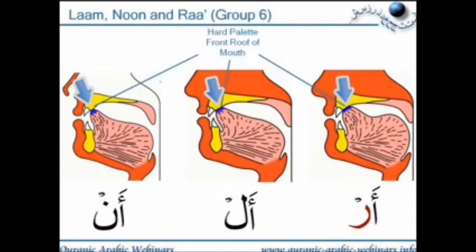Try not to roll the ra. If you happen to roll it once, that's normally fine. Be very careful not to get into the habit of rolling, and you should feel the tip of your tongue touching the front hard palate at the front top portion of your mouth.